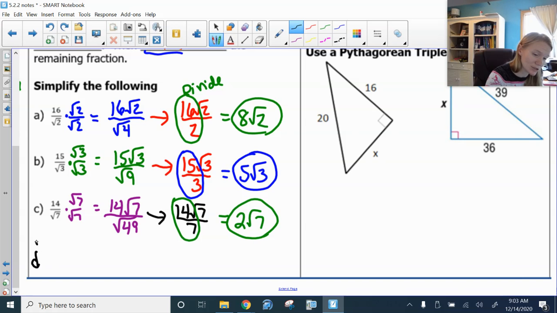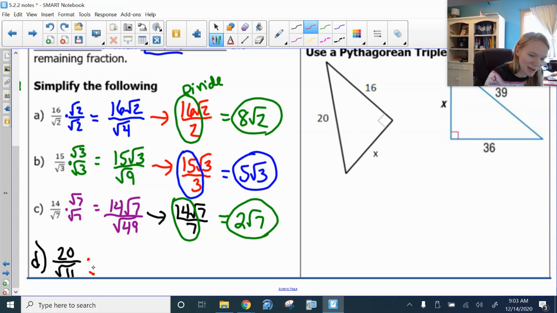If I really wanted to, I'm just going to put a part D in here. You don't have to put that there if you don't want. Let me see here. What if I did 20 divided by square root of, I don't know, 11. I'm just going to pick a random number here.